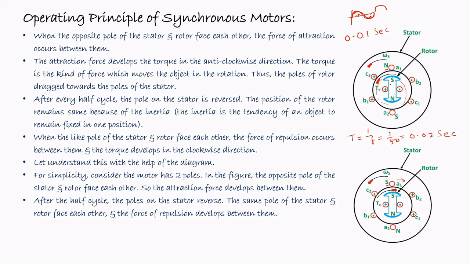But as the rotor starts to rotate, already 0.01 seconds pass, and now this north pole will change to south pole, and this south pole will now give the repulsive force on the rotor. So now the rotor will try to rotate in clockwise direction. Now again after 0.01 seconds, the polarity of the stator will change. Now again it will change to north pole.